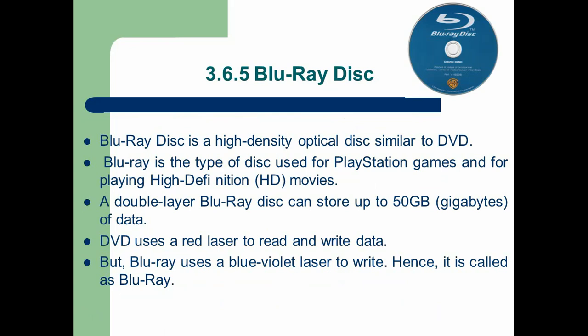The capacity of the CD is 700 MB, the capacity of the DVD is 4.5 GB, but the capacity of the Blu-ray disc is 50 GB. Blu-ray uses a blue violet laser to write and to access the data, hence it is called Blu-ray disc.